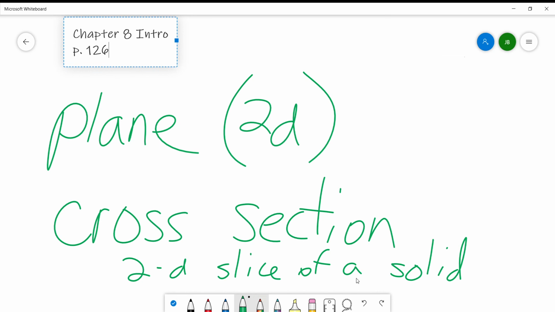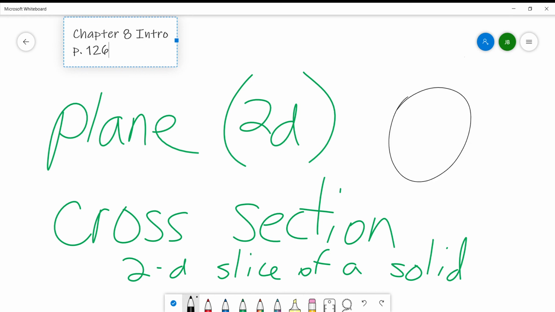So if there's a 2-dimensional slice of a solid, let me define this a little bit better. They say that if you take a slice, imagine a sphere. Let's start with this. Imagine I have the globe. If you have a globe, look at it.